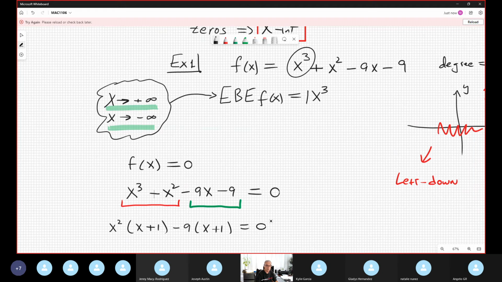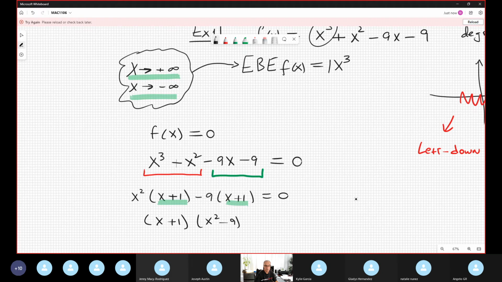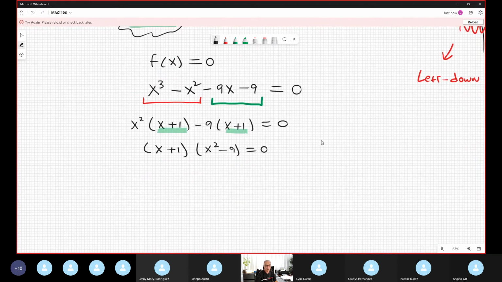You follow me? Yes. Now x plus 1, I can see again, is a common factor. I factor out x plus 1, times x squared minus 9. Am I finished now? No, because I can continue factorization. I can see clearly that x squared minus 9 is a difference of squares.